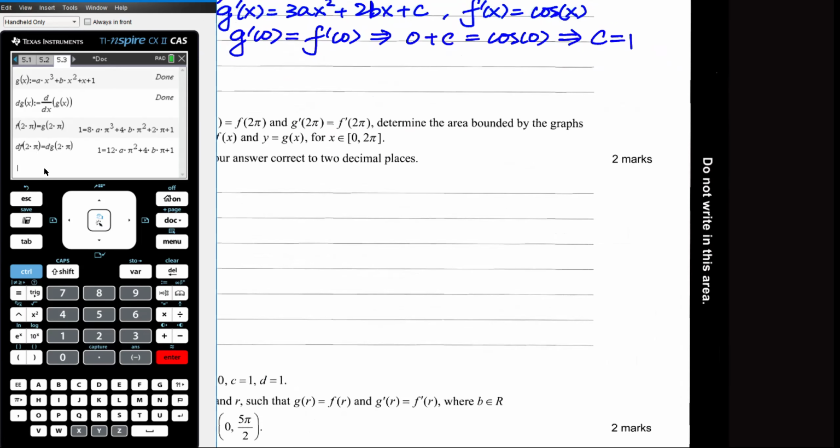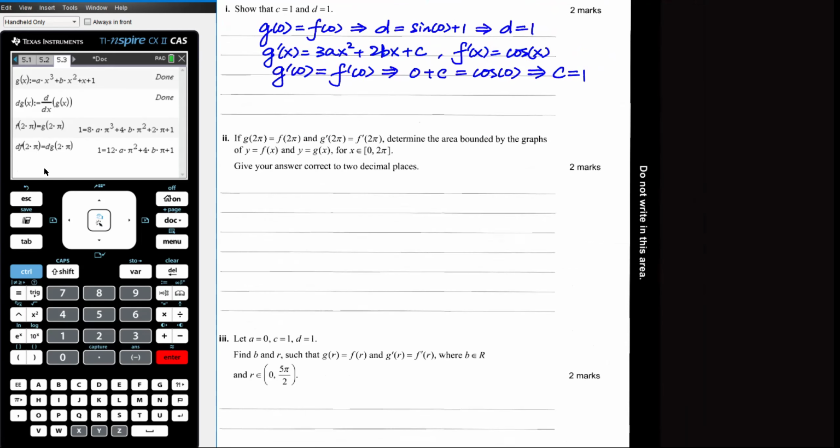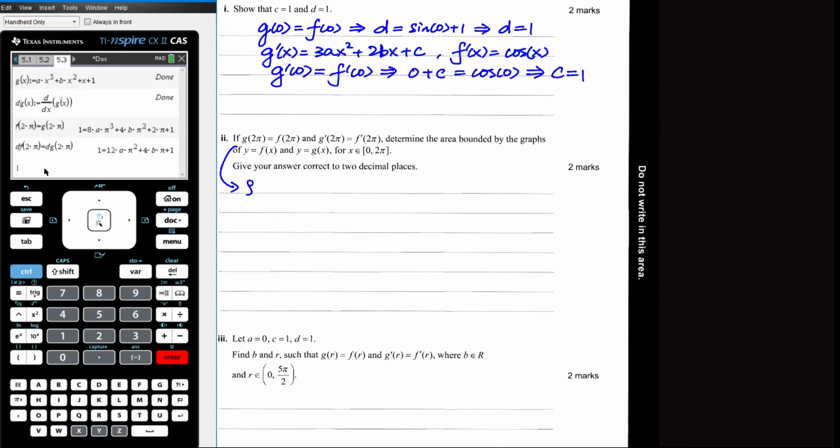Just want to find, let's say, a and b value, and then you find the area bounded by the graph of y equals f of x and g of x between 0 and 2 pi. So you get, let's say, from here, 8a pi to the power 3 plus 4b pi squared plus 2 pi plus 1.